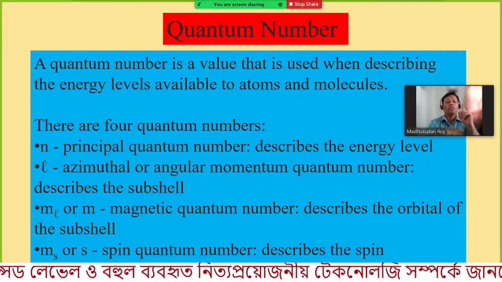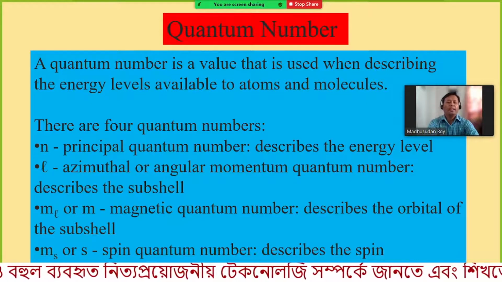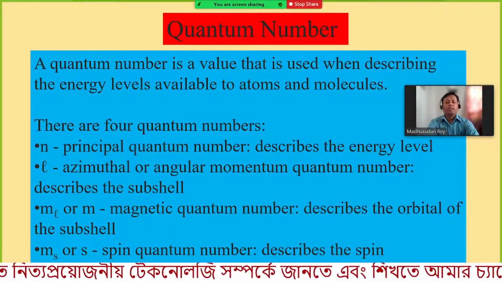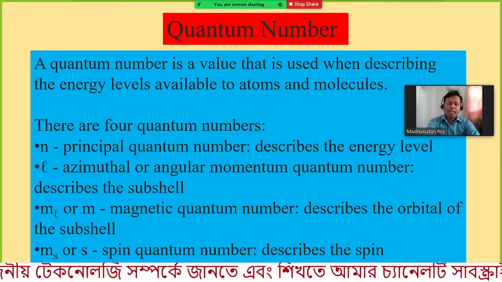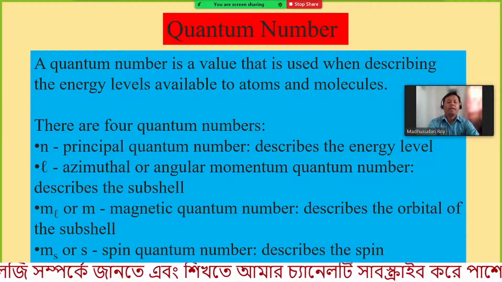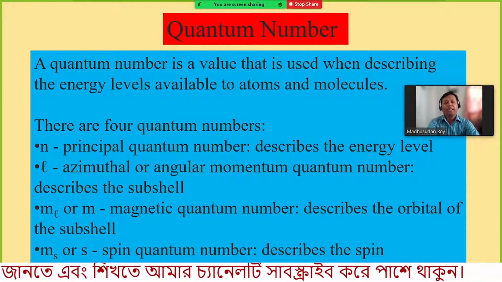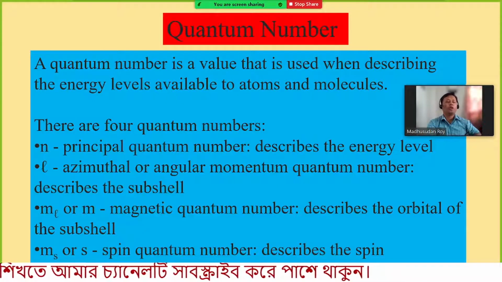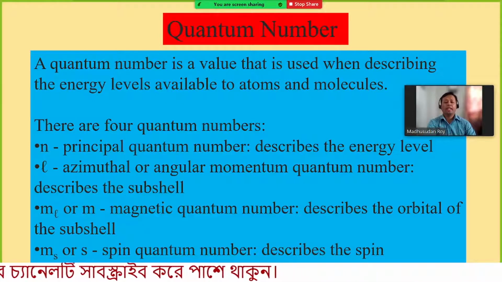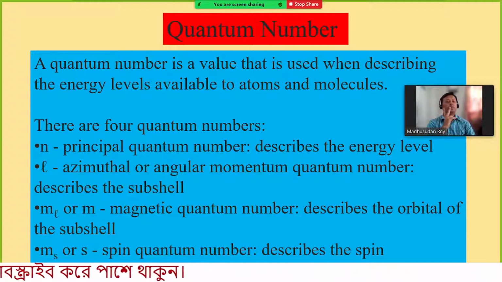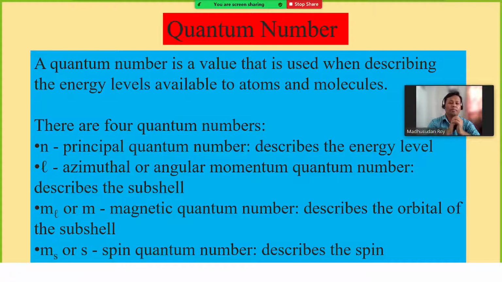The first shell has only one energy level and one subshell. But in the second shell, we can have 2 subshells. What does it mean? It means the energy of those 2 subshells is not the same, and also their structure.